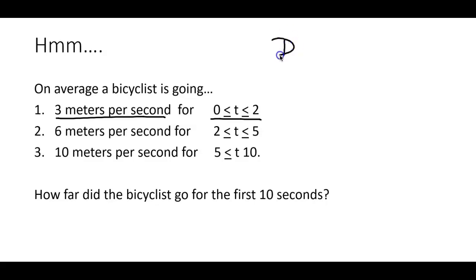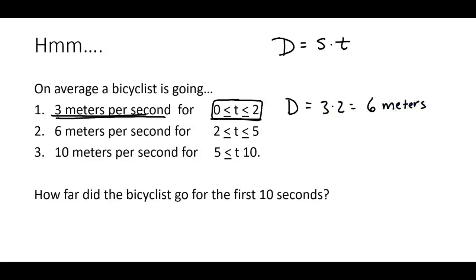Well, hopefully you guys know that distance is equal to speed multiplied by time. So for this first interval, we're traveling for a total of 2 seconds, and we're going a speed of 3. So the distance that the bicyclist traveled on that interval would be speed times time, which is 6 meters.